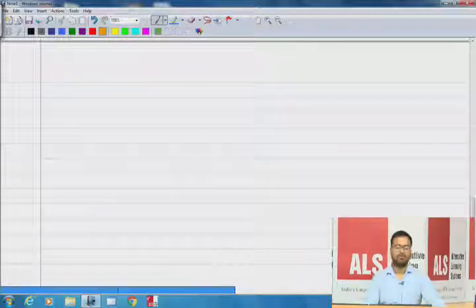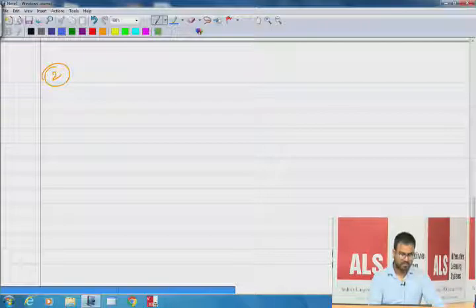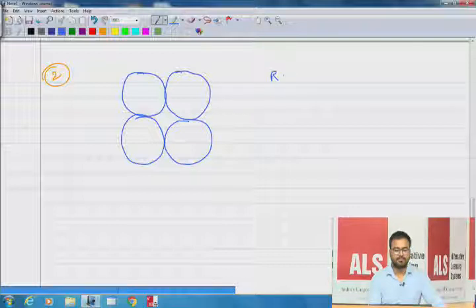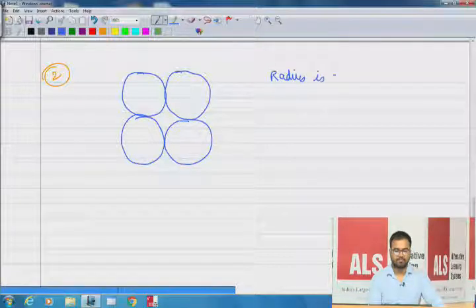Okay, if you are not having any doubt, then try this question. So these are the 4 circles. Radius is the same for all of them, and that is equal to 5 centimeter.